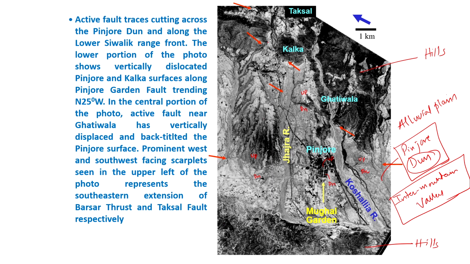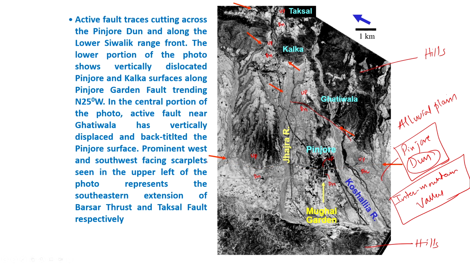And same goes over here, up, down. And this place also, this is up, this is down. So the fault is somewhere running like this, over here. It goes like this. And in the Pinjore garden area, the fault runs like this.